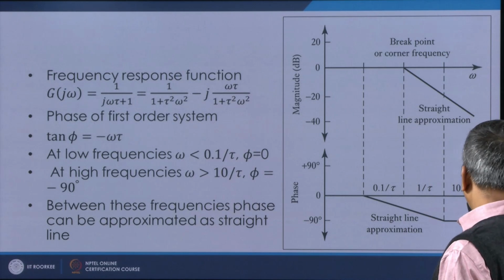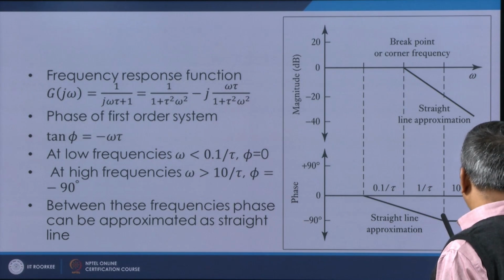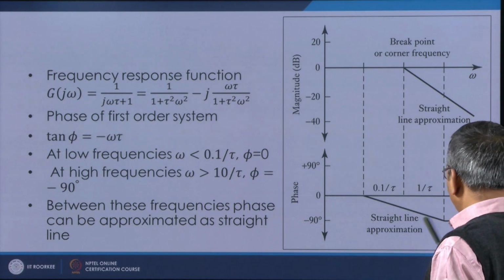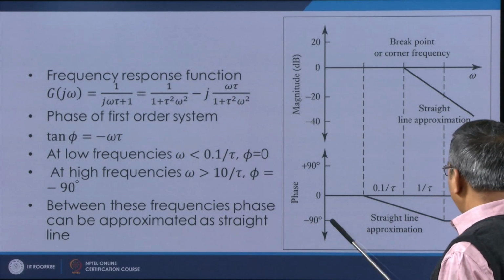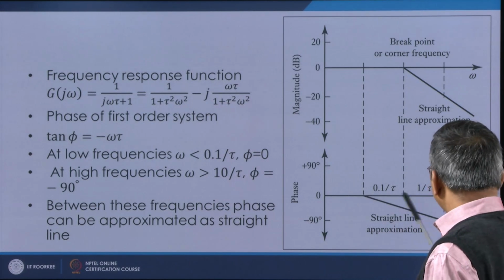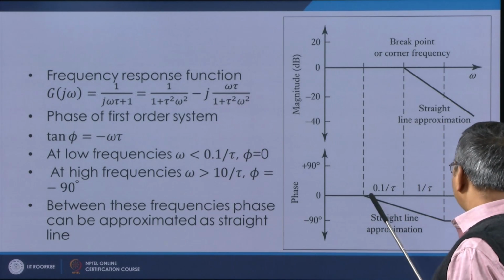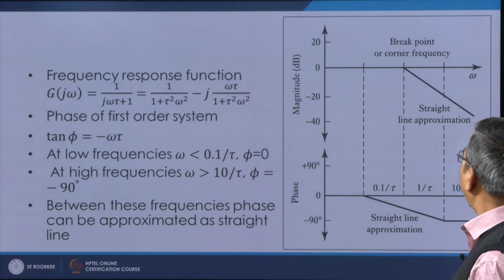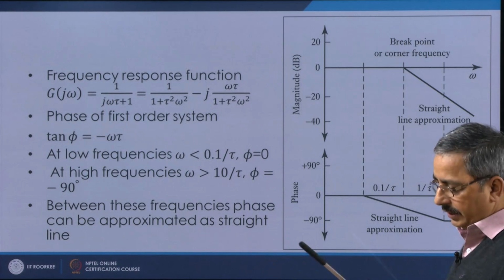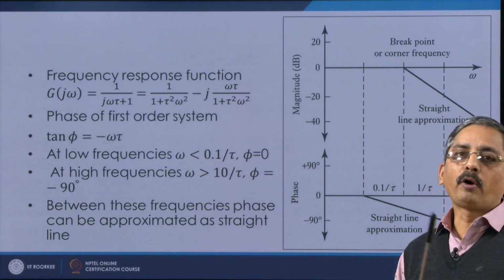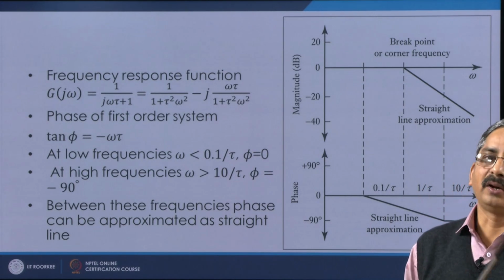Here you can see that for omega greater than 10 by tau, the value is going to be equal to minus 90 degrees, and between these two frequencies the phase can be approximated as a straight line. So, this way we can draw the Bode plot for the first order system.